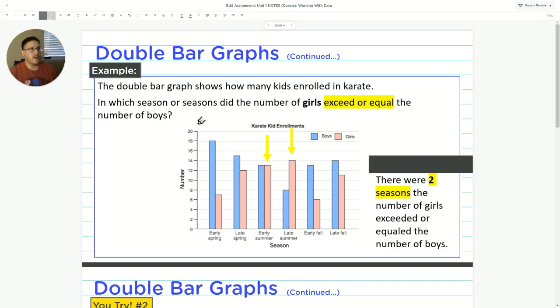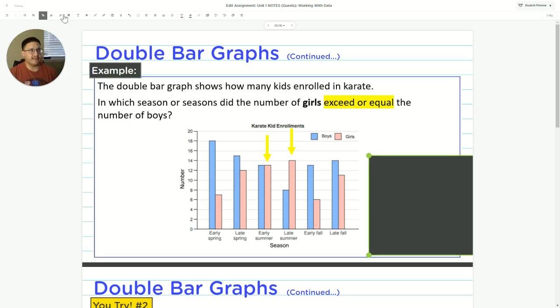So looking through each one of these, early spring, boys are more, so that one gets crossed out. Late spring, same issue. Early summer, I noticed that the bars are equal, so that's one thing we're going to consider. Late summer, girls exceed boys, so we're going to circle that.